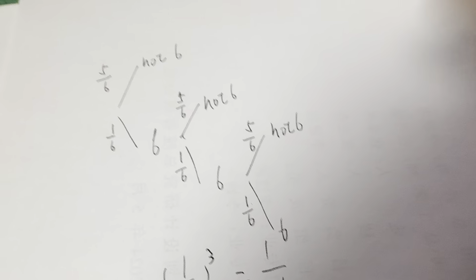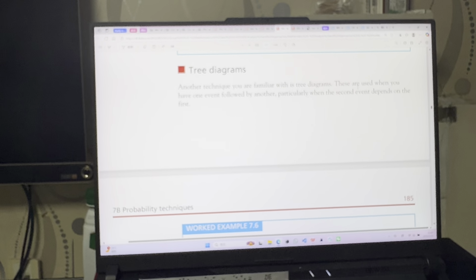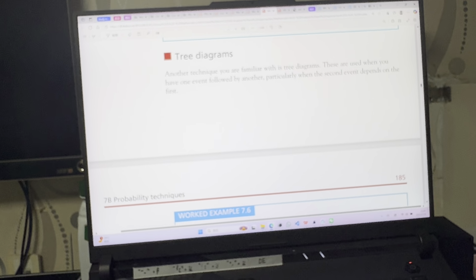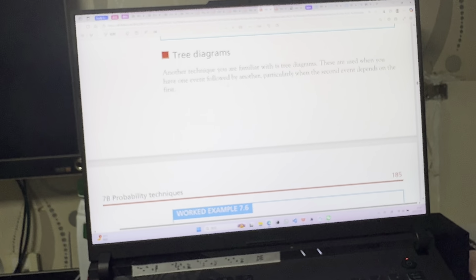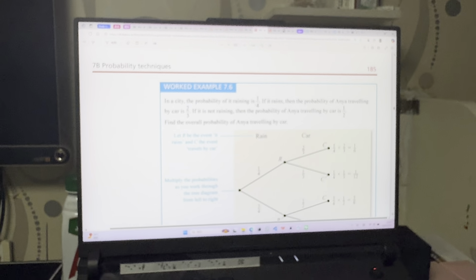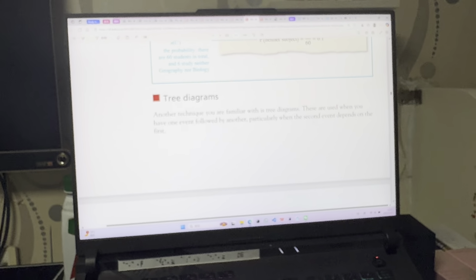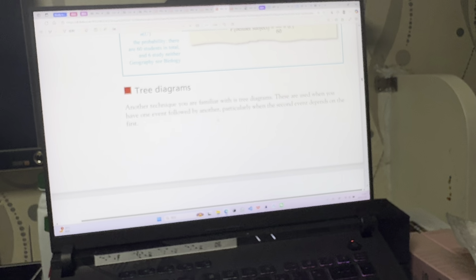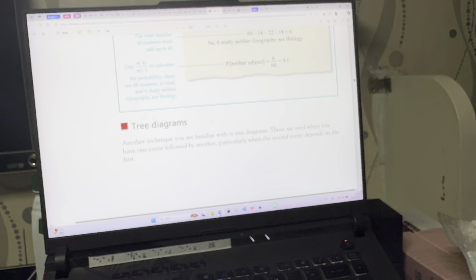Okay, I will use really formal, correct English and just read it here. These are used when you have one event followed by another, particularly when the second event depends on the first. Oh my god, this is the word I need: the second event depends on the first. Then we can use tree diagrams.